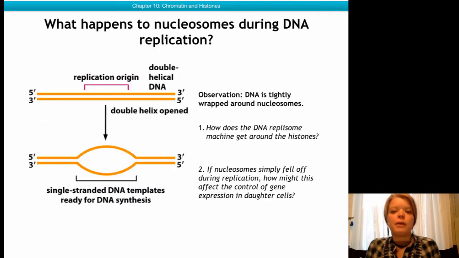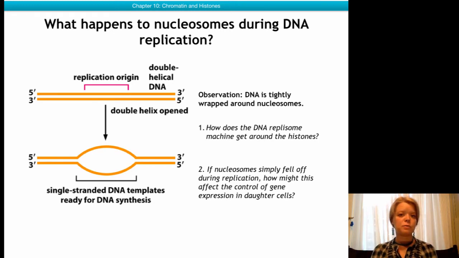Well, we just talked about DNA replication, and that seemed like a very sophisticated process that would likely be hampered by the presence of these big nucleosomes in the way. So what happens? Does the replisome displace the histones as it replicates the DNA?